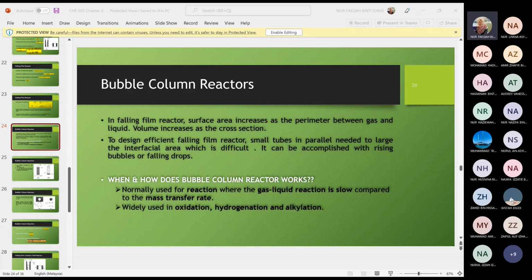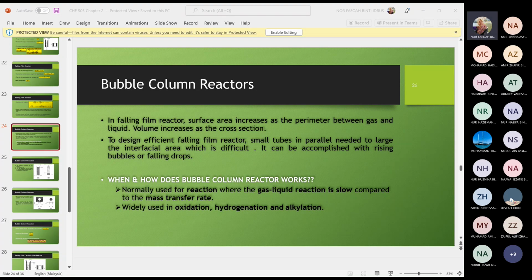Okay, so this is the bubble column. Compared to a spray tower, what is the difference between a bubble column and a spray tower? In a spray tower, the vessel is filled with the gas reactant, and then the liquid is introduced from the top, in terms of drops. So this is the liquid drop, and it will accumulate at the bottom, and this is the liquid product withdrawn at the bottom.